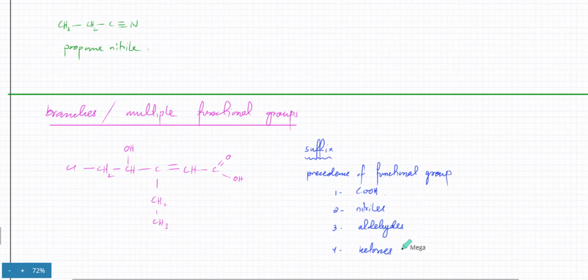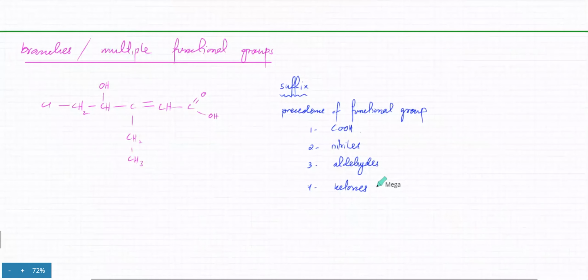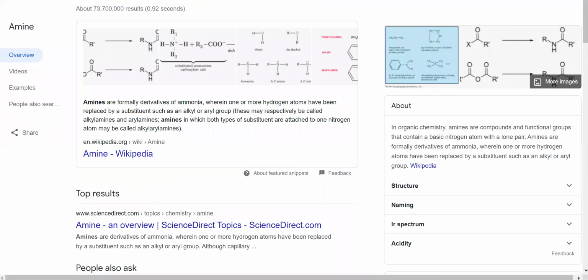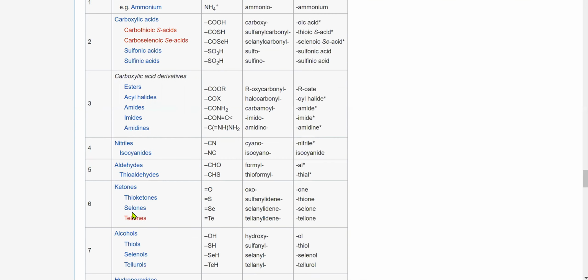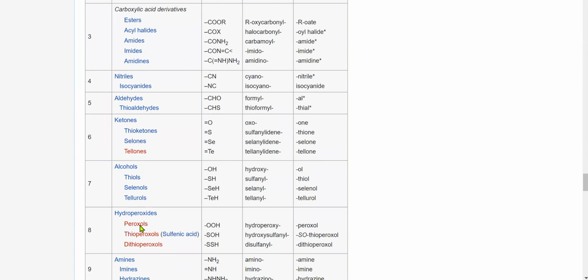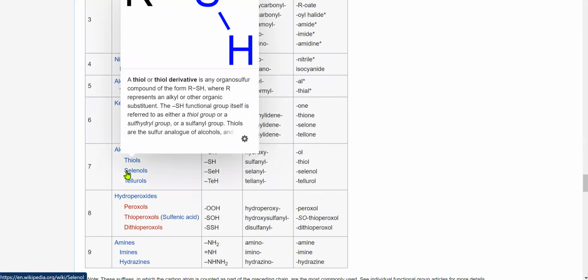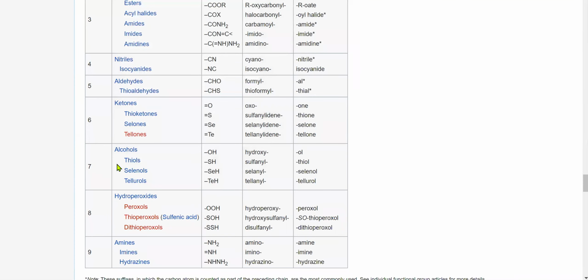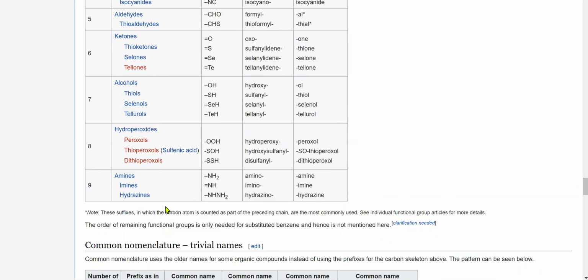So the importance is decreasing. Where do alcohols come in? Forget all of these. Alcohols are much lower. So at number 5, I'm going to put alcohols, and after alcohols, right at the bottom, the least important are amines.